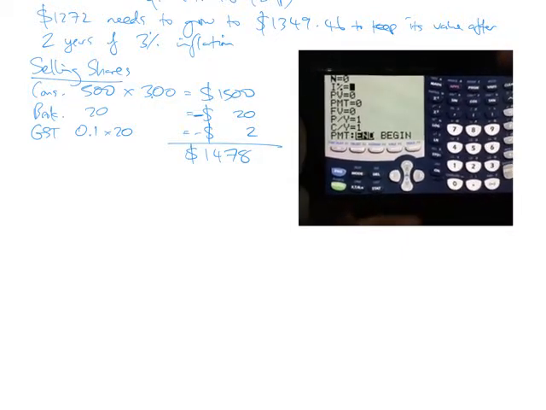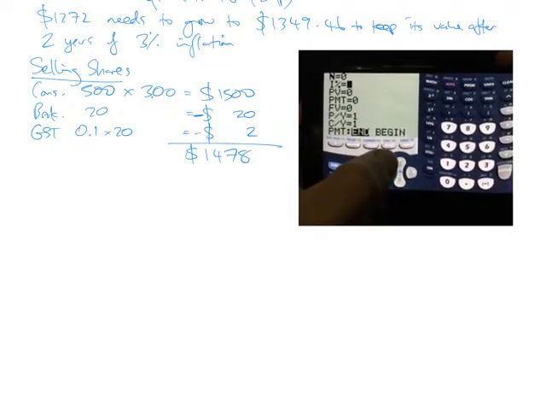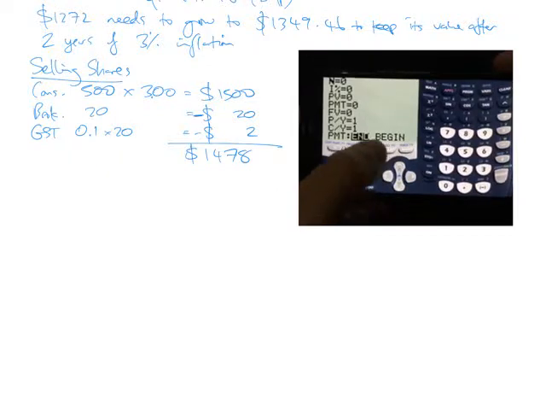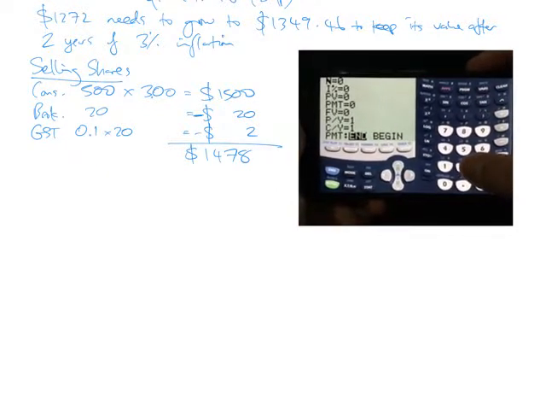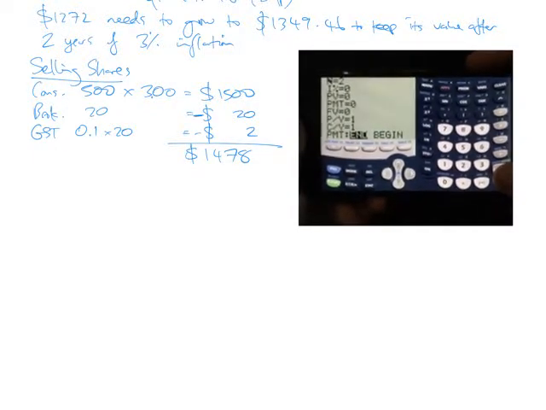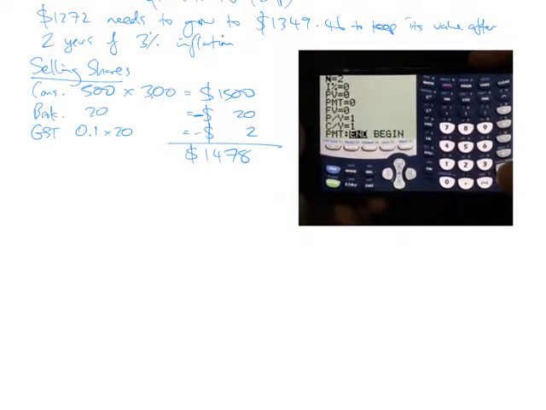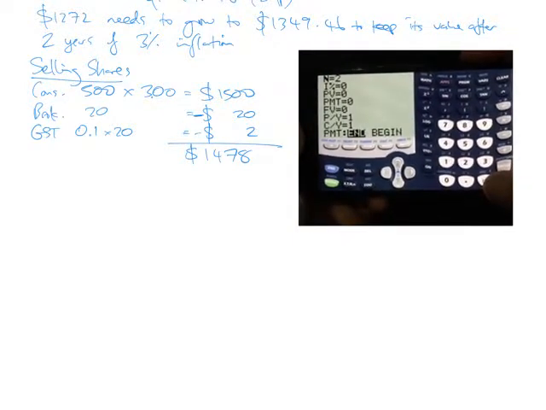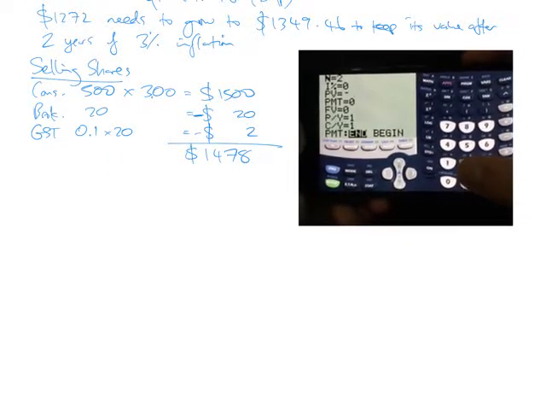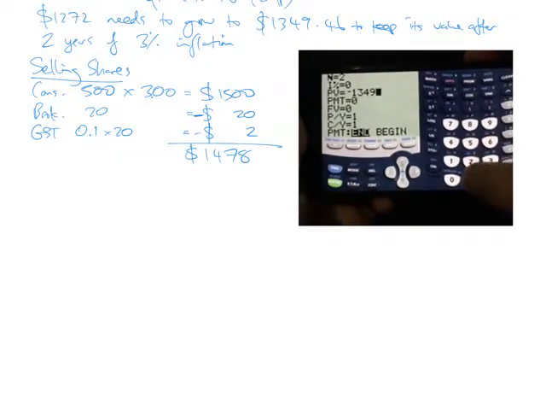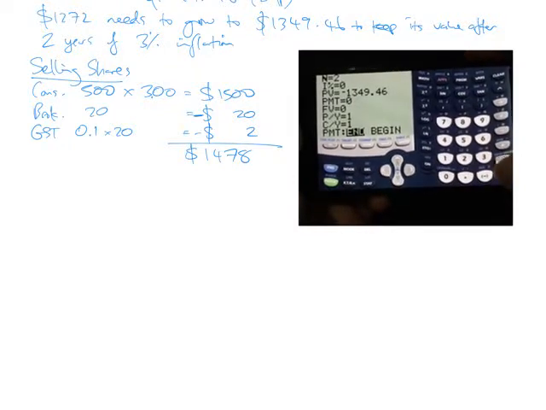So step 4 of the process requires you to input some values that we've worked out into the graphics calculator, TVM Solver. So in the instructions above, I've told you n is the number of years that the process occurs, so it's 2. We're solving for I%, so you leave that. PV is the amount indexed for inflation that the buying price needs to be, as a negative. So you need to press this negative button in the bottom right corner of your calculator. Negative, not the minus sign. $1,349.46 is the indexed value that we found.